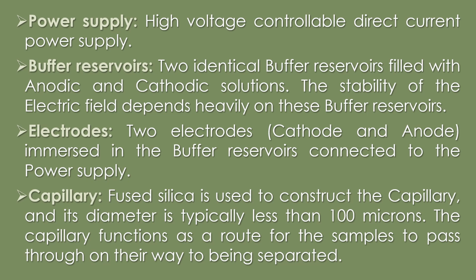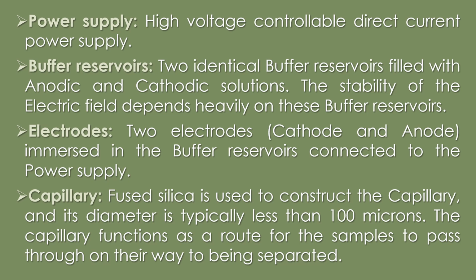Electrodes. Capillary electrophoresis needs two electrodes, one is the cathode, another one is the anode. Two electrodes are immersed in the buffer reservoirs and connected to the power supply. Capillary. Fused silica is used to construct the capillary that is utilized in capillary electrophoresis, and its diameter is typically less than 100 microns.